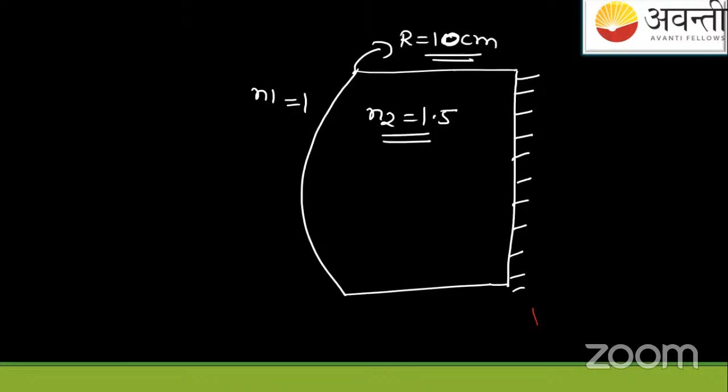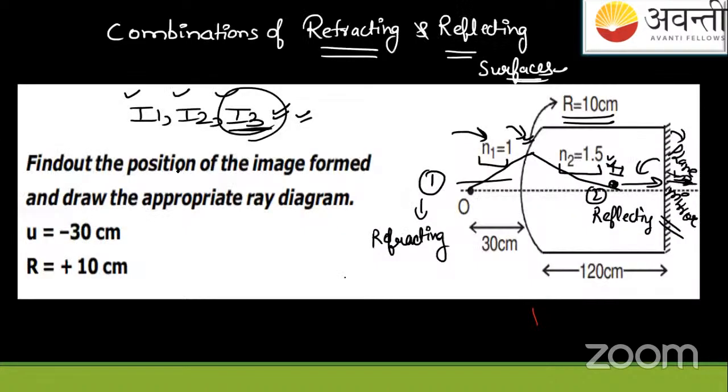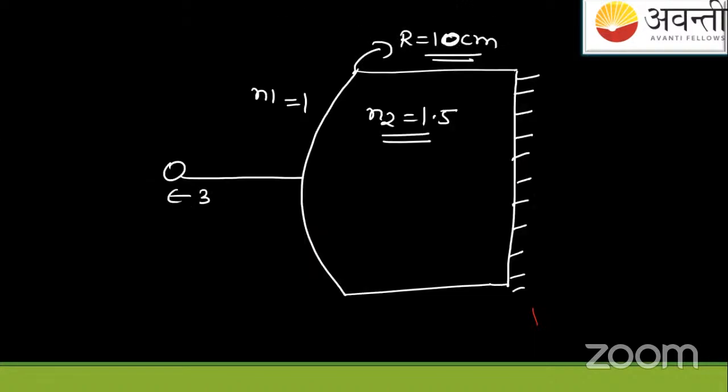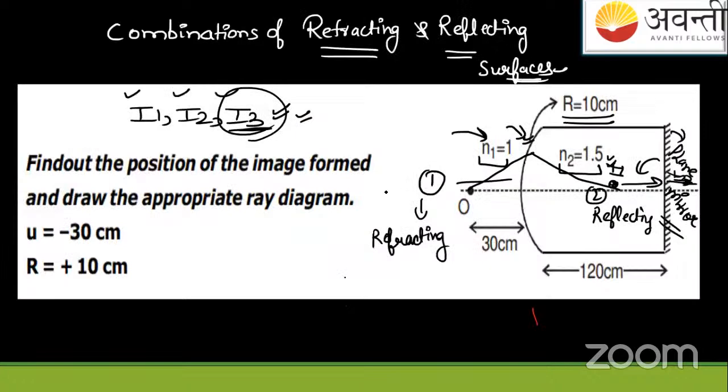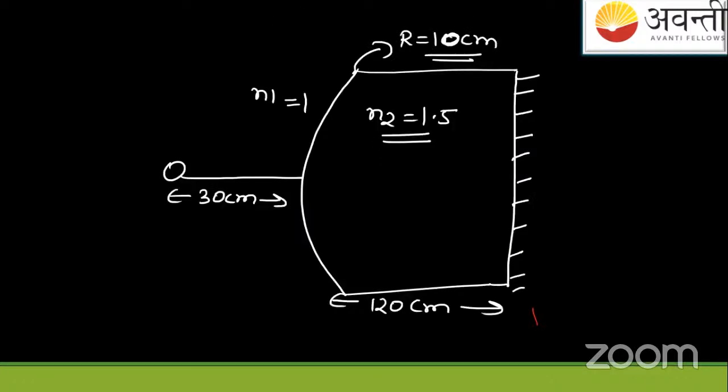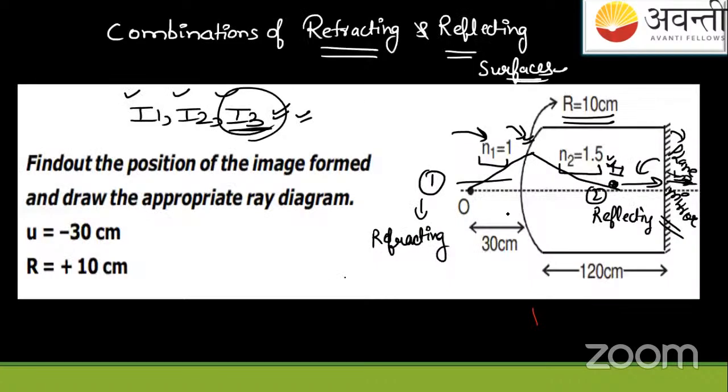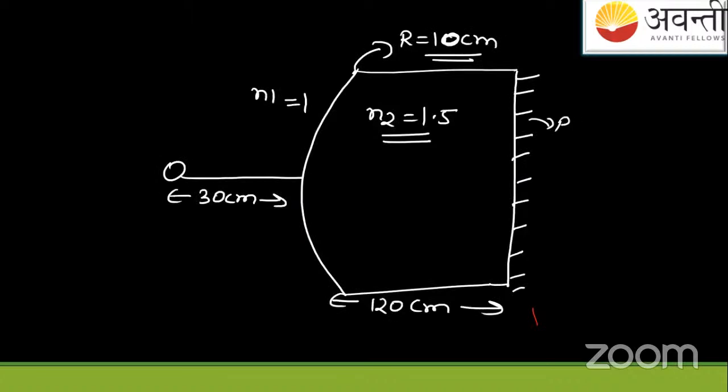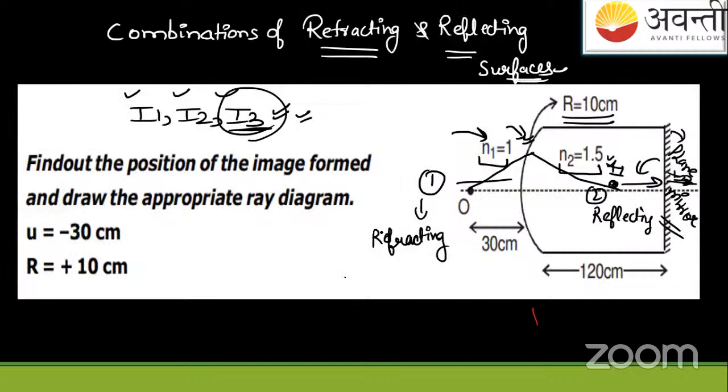You can see the object is present initially in front of it at 30 centimeters. And here this is at 120 centimeters. N2 is 1.5. You can see this is a plane mirror. Now let us proceed towards the solution.